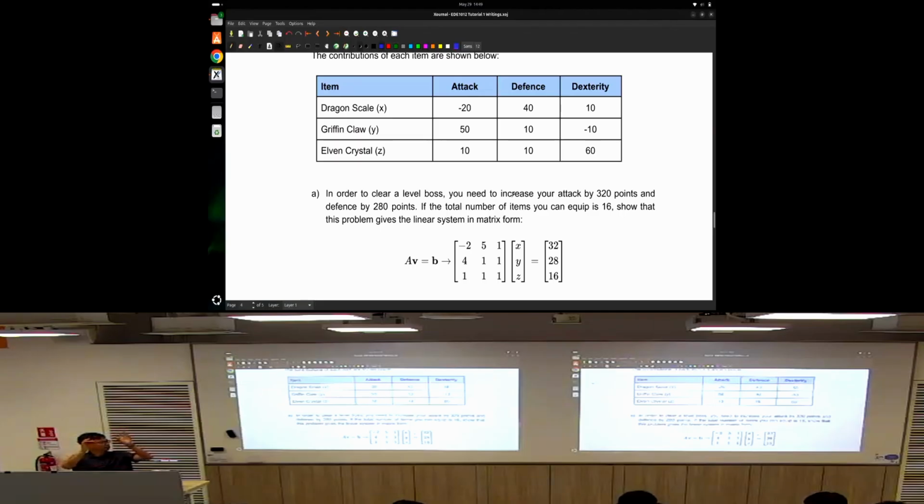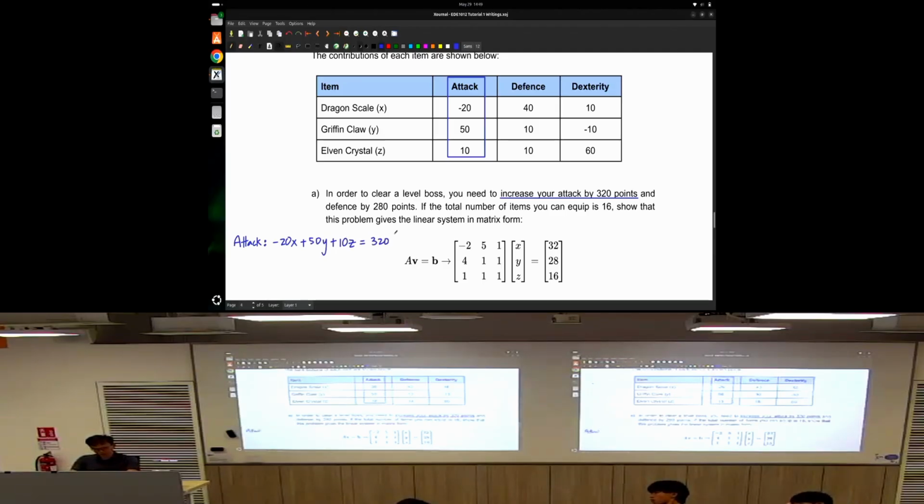So you need to increase your attack by 320 points. But then attack is this one, right? So that means the first equation, if you look at the attack requirement, you will have minus 20 times x plus 50 times y plus 10 times z. Then the attack points you need is 320.